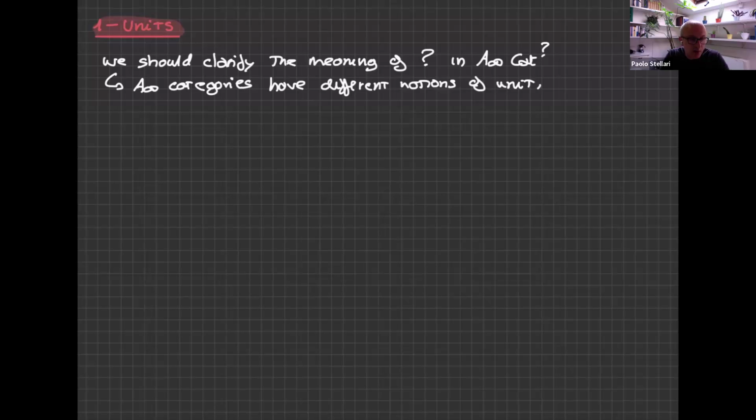Let me remind you of at least the two main ones which appear in the result, and then a third one which is interesting as well. The first notion is the one of strict unit.